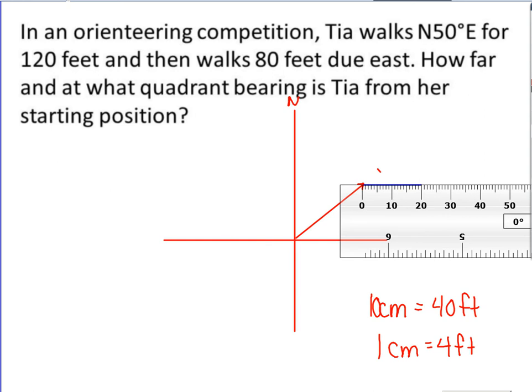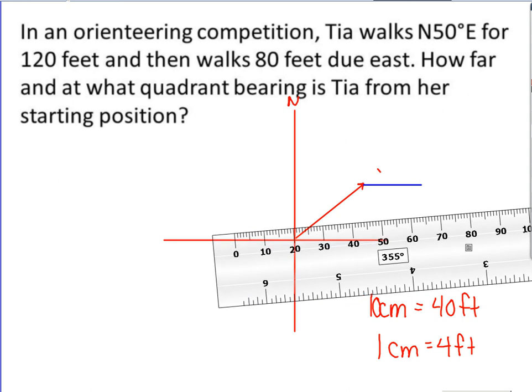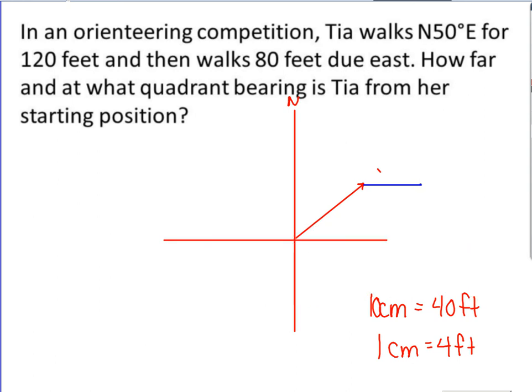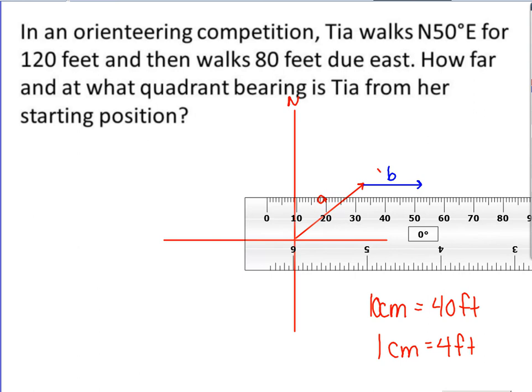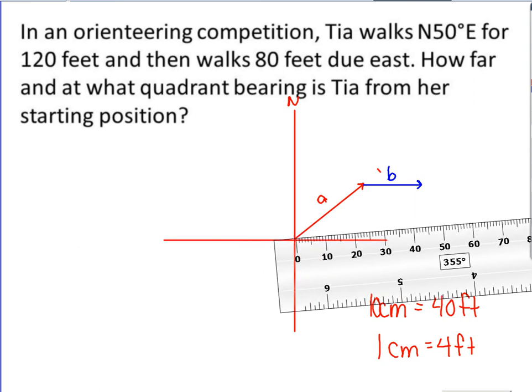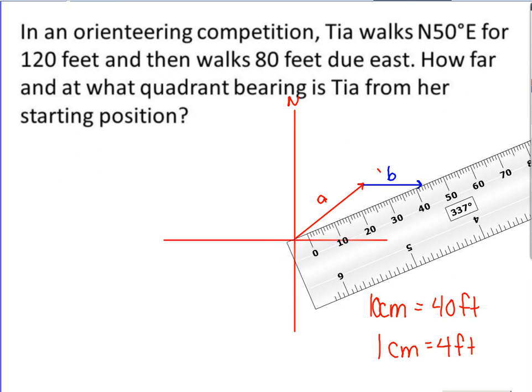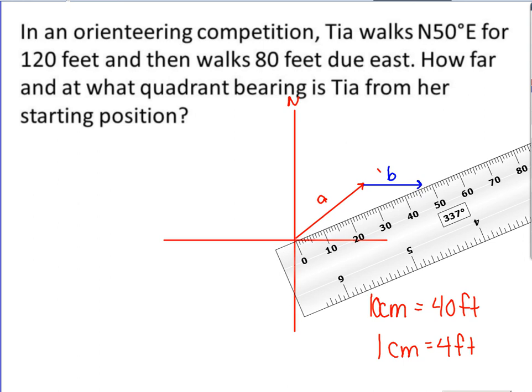We'll go over to 20 centimeters. This will be the end of our second vector, or vector B. Our resultant vector starts at the beginning of A and goes to the end of vector B.